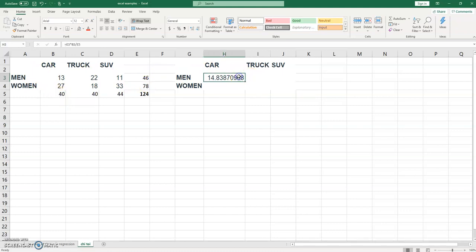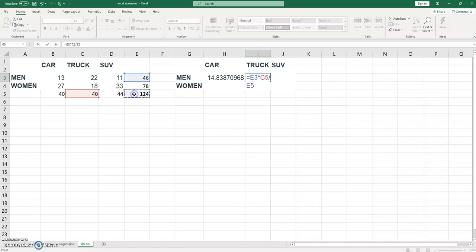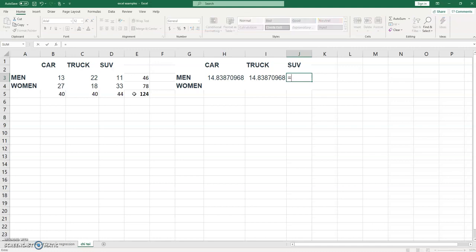So we're going to do this same kind of process for all of these. So row, and then we pick the appropriate column, and we divide by the total. And we pick the appropriate row, appropriate column, and divide by the total.